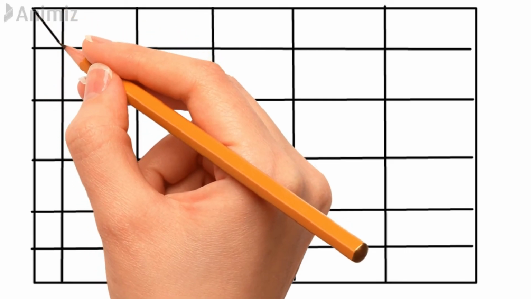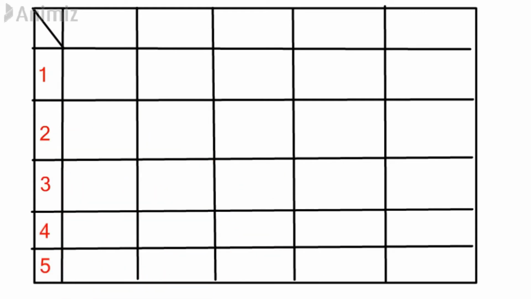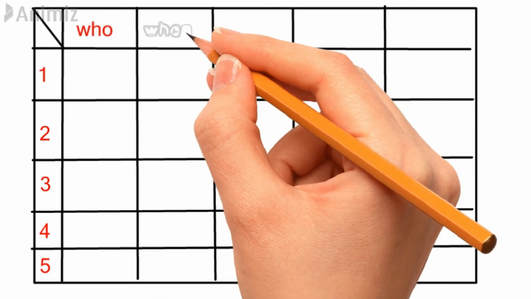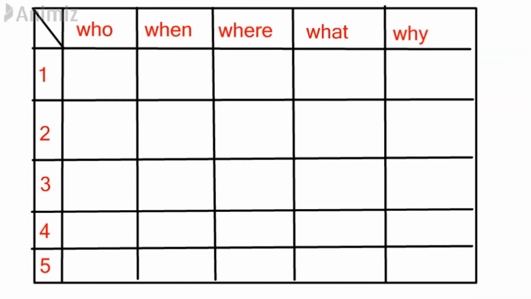Alright, the next step is to create a large table for information. On this page you will be inserting pieces of information first, and then making sentences from the randomly selected information. So on the top you will write who, when, where, what, and why. Then you will start with the first column that is labeled who.